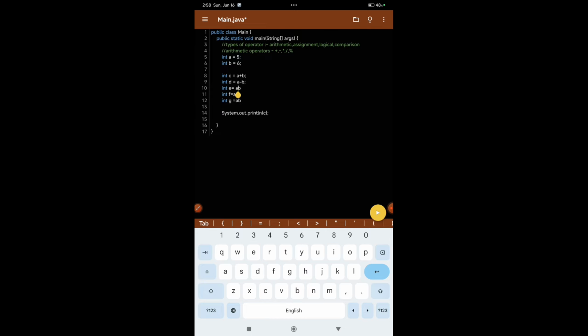Now simply write semicolon everywhere. I will write here asterisk, divide, modulo. To print multiple values in a single line in Java, you have to simply put plus: d plus e plus f plus g. Only up to g are available.